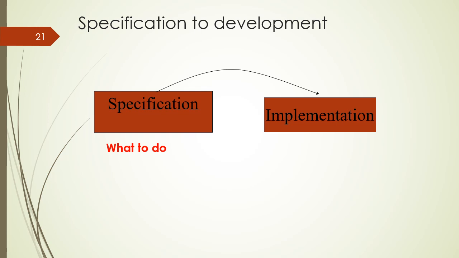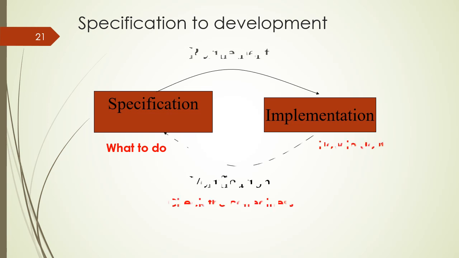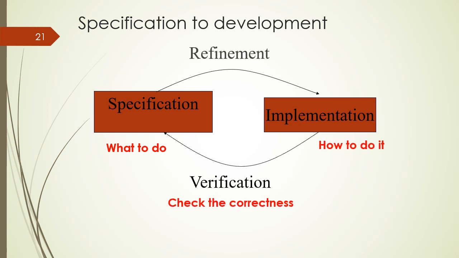Implementation is a constructive representation of software, and specification helps us to verify whether our implementation is a correct representation of our specification or not.